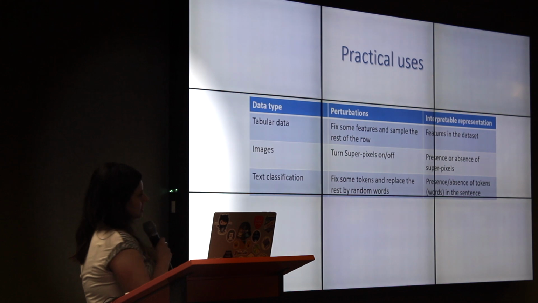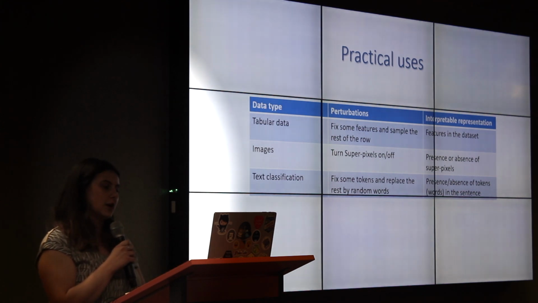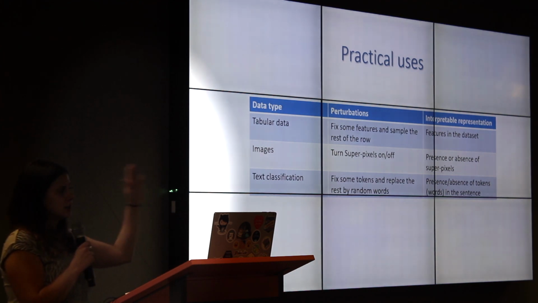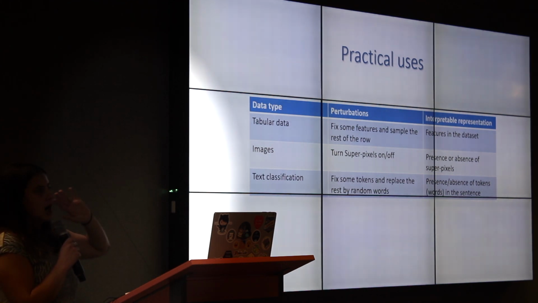In terms of images, there's this idea of superpixels. First you apply the superpixel algorithm, extract the superpixels, and turn them on and off. In LIME, they take the superpixels and turn them gray. In Anchors, they turn off the superpixels and then take some other random images and put them in there.